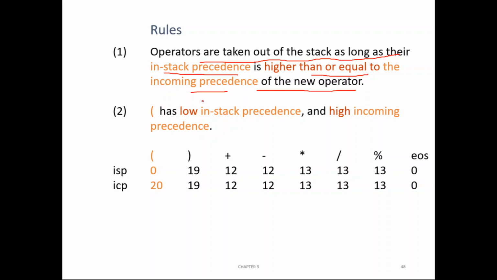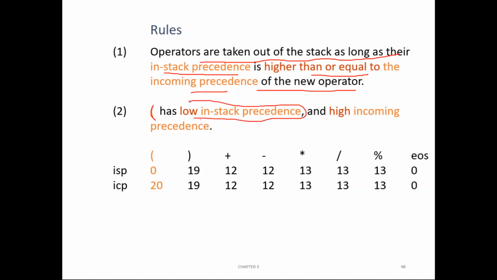There is another important thing which we should understand. For this algorithm to work, we have one small catch here. This open bracket will behave in a different way in different contexts.